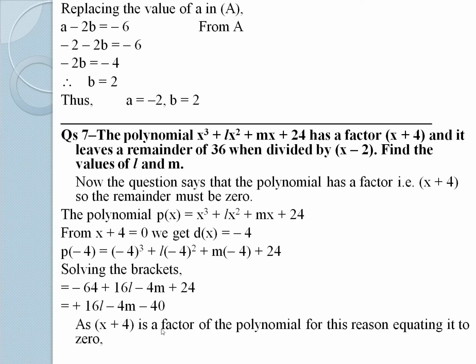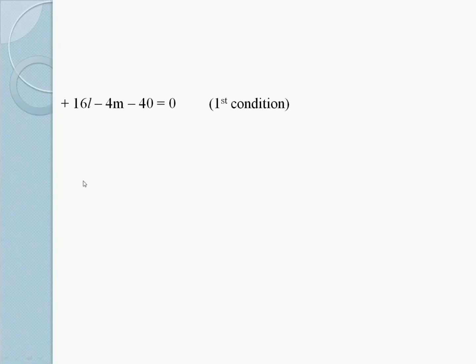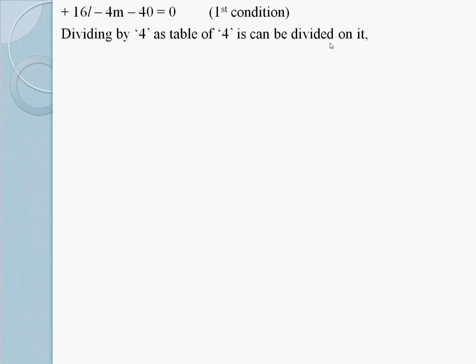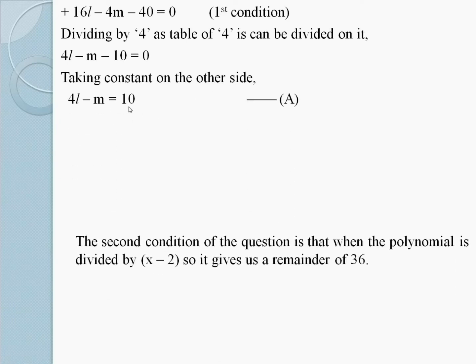As x plus 4 is a factor of the polynomial, for this reason equating it to 0. 16l minus 4m minus 40 equals 0, first condition. Dividing by 4, as the table of 4 can be divided on it, 4l minus m minus 10 equals 0. Taking the constant on the other side, 4l minus m equals 10.